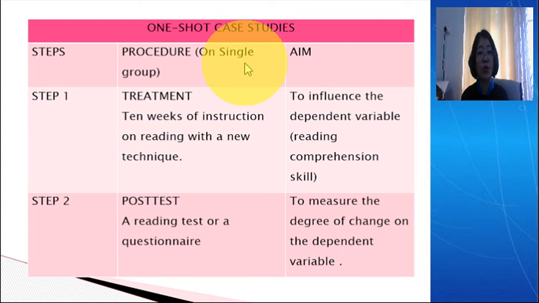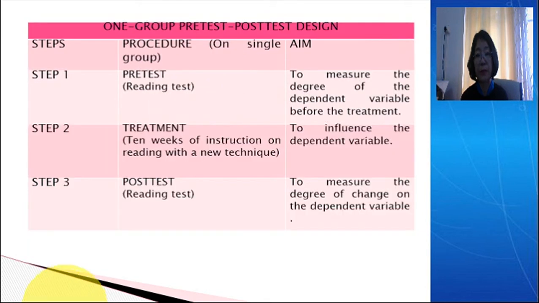That's why this design has high chances of other factors affecting the validity of experimental research. That's why the one-shot case study is one of the pre-experimental research designs which we can use. However, we have to be very, very careful of the factors which influence the validity of the research.